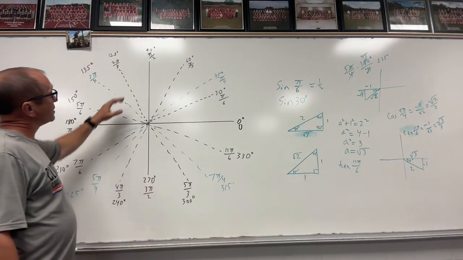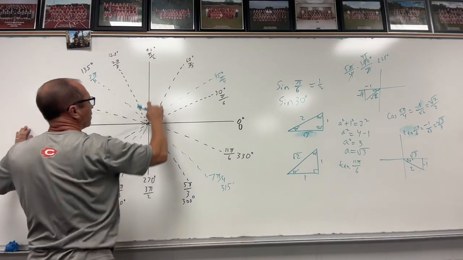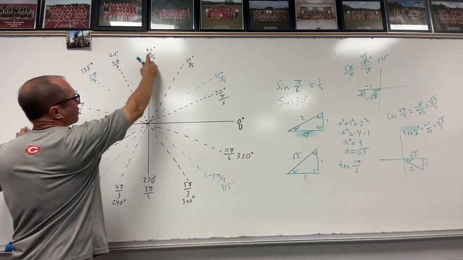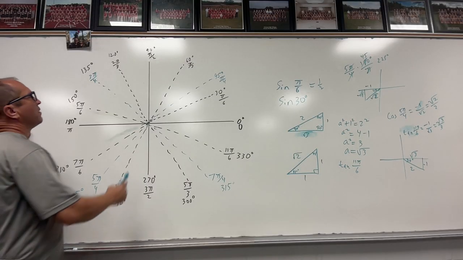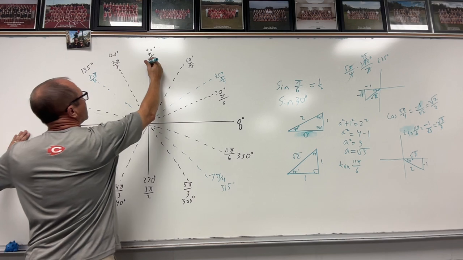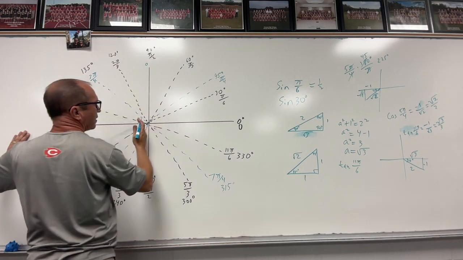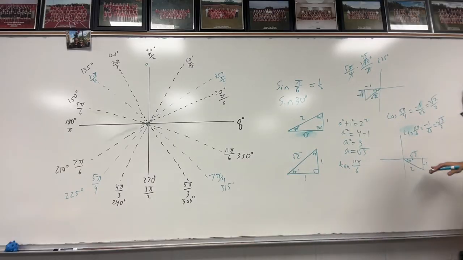The main difference here is if you think about something that's on the quadrantal angles, think about opposite over adjacent. Your opposite side is your vertical.